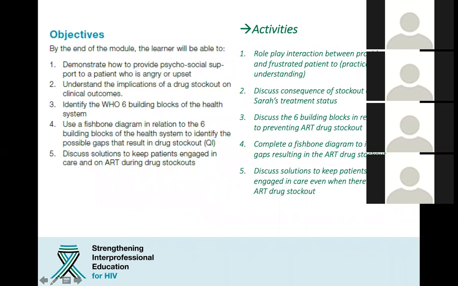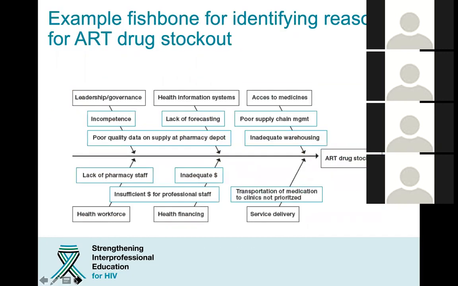The next activity is to do a fishbone diagram to look at those building blocks and identify the possible gaps that can lead to a stock out. Mike, can you go to the fishbone diagram? So there you can see the fishbone.